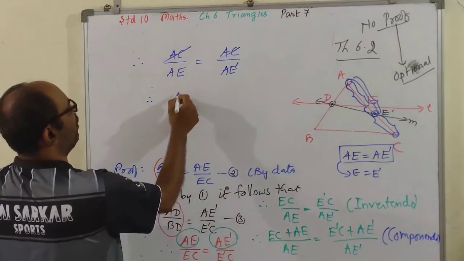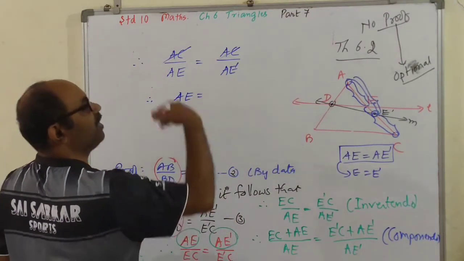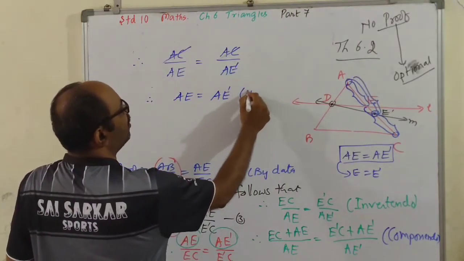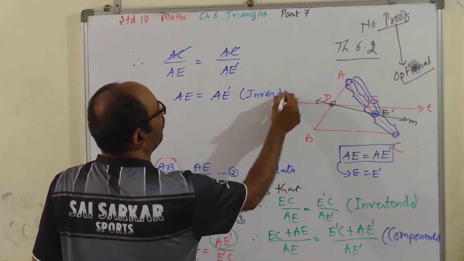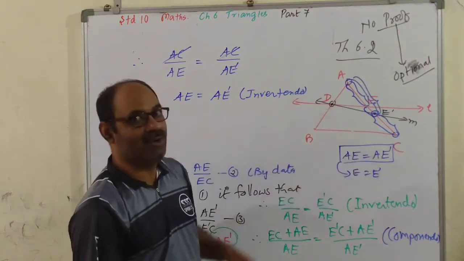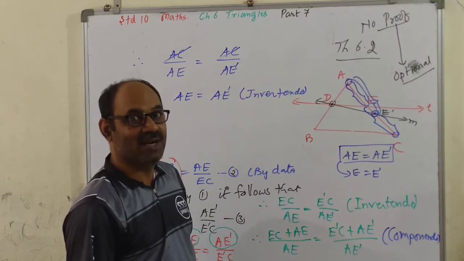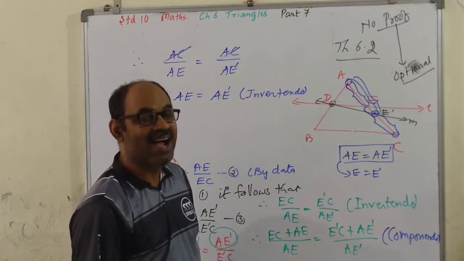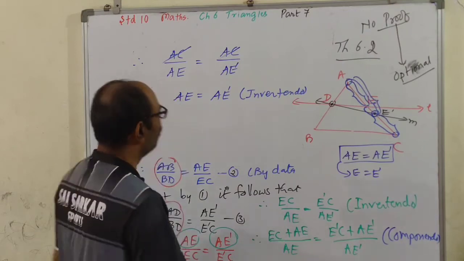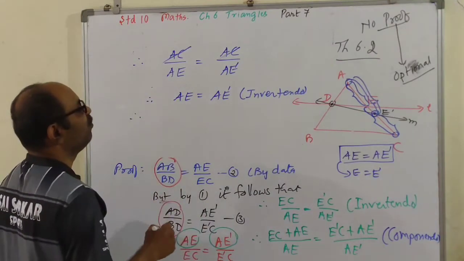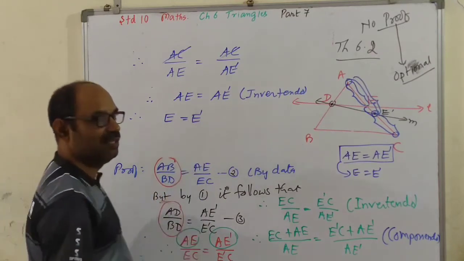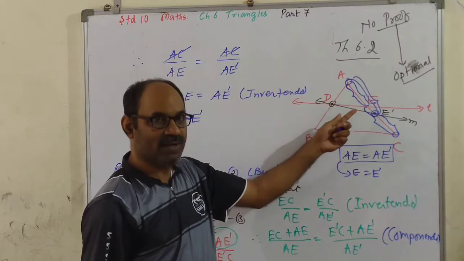Now 1 upon AE, its inverse is AE. Here also take the inverse, 1 upon AE dash, its inverse AE dash. You may write invertendo. So you got AE equal to AE dash. Are you getting me? Therefore, E is equal to E dash.